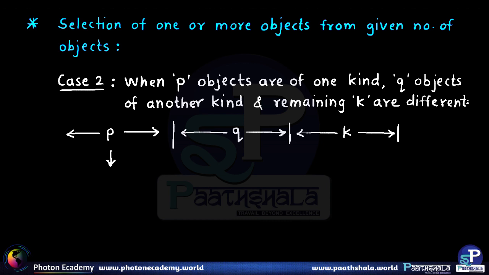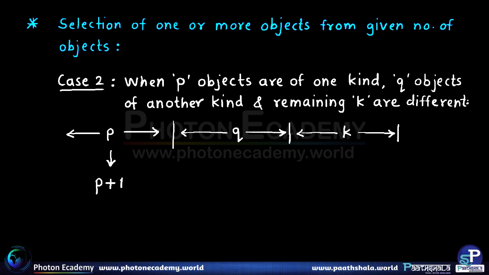So in all, the total number of ways of selection from the first set is p plus 1, because we consider the possibility that none of the objects from this set might be chosen. Similarly, we have q plus 1 possibilities for the second set.